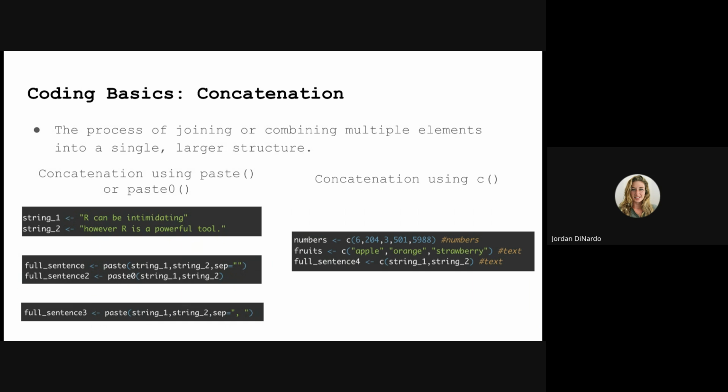Same with the text. We've created a string of text, which happen to be different fruits. We can then string those two together. Here's another example where we've strung together string 1 and string 2. And you'll notice that it's listed differently than what we've worked on over here with paste.